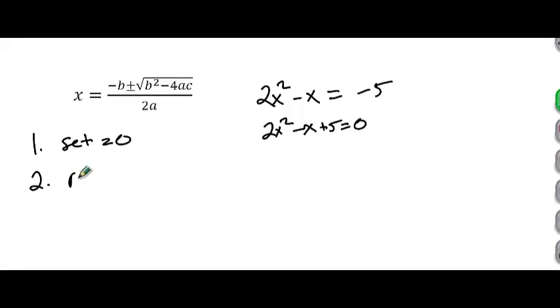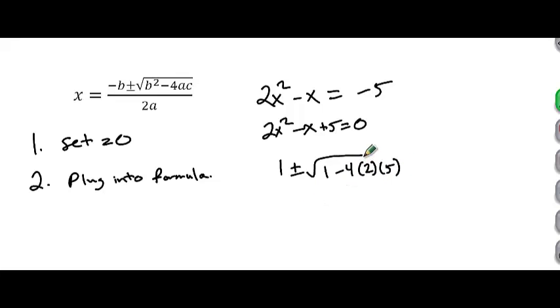Second thing is we plug in our formula. So negative b, b is negative 1, so negative negative 1, positive 1, plus or minus the square root of negative 1 squared is 1, minus 4 times 2 times 5, all over 2 times a, which is 2.